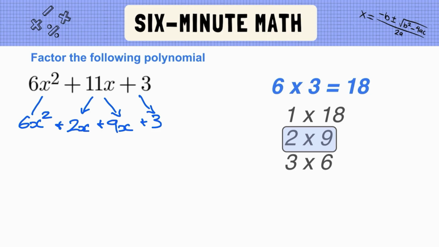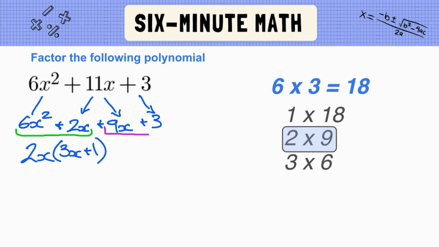At this point, we're going to group, so we're going to factor our first two binomials together. The greatest common factor of 6x squared and 2x is a simple 2x. And I have 3x plus 1 remaining.